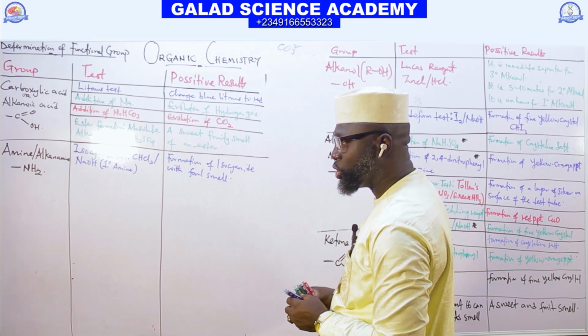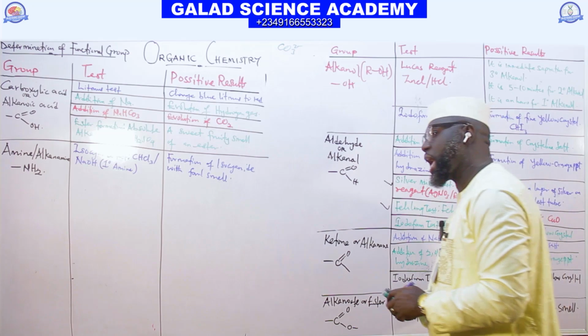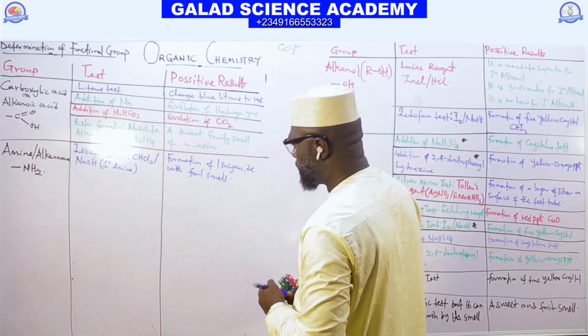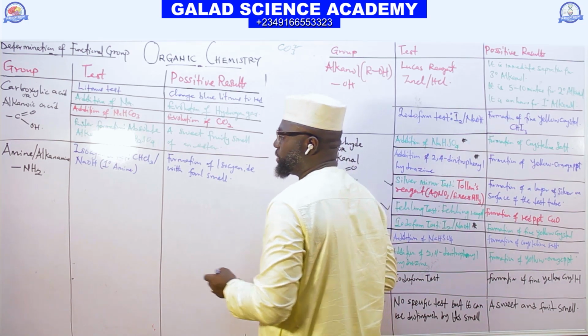And we can also use diazonium salt, which gives us the evolution of nitrogen.